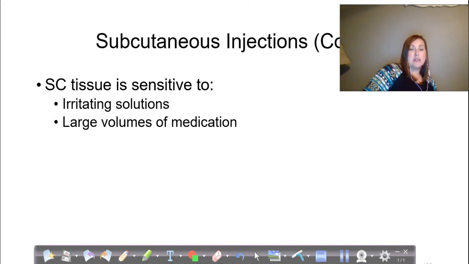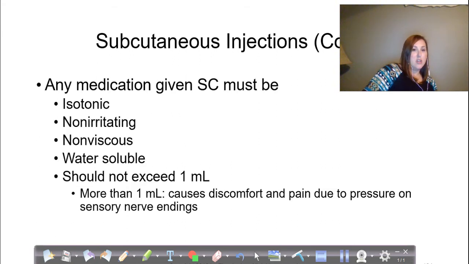Subcutaneous tissue is sensitive to irritating solutions and large volumes of medication, so you should never give more than 1 ml. You want to give something that's isotonic. If you remember talking about isotonic solutions, that's like a normal saline. That's what's most similar to our body composition.